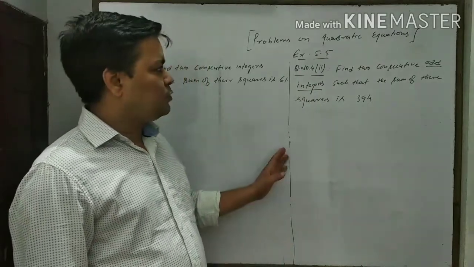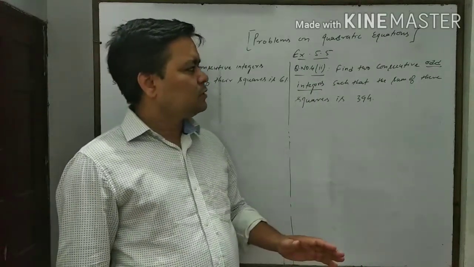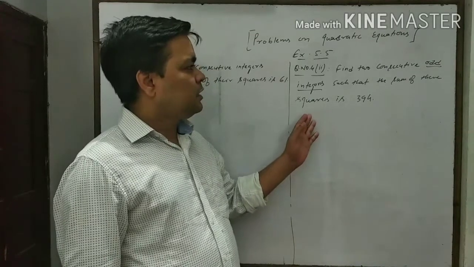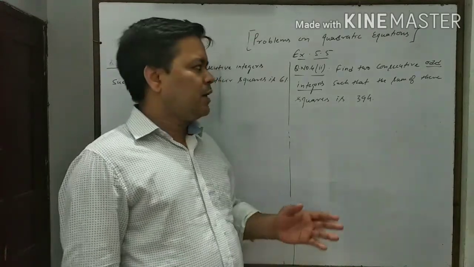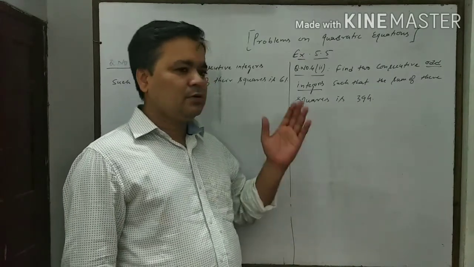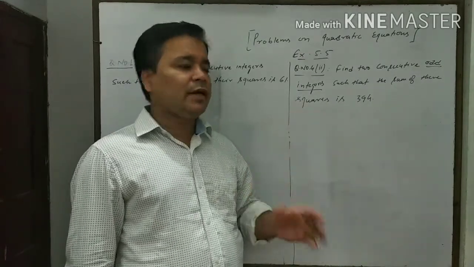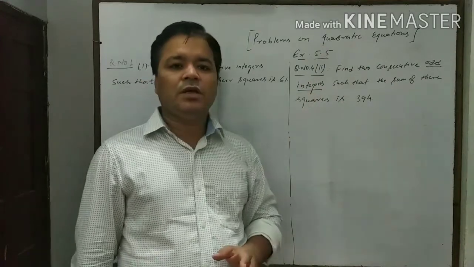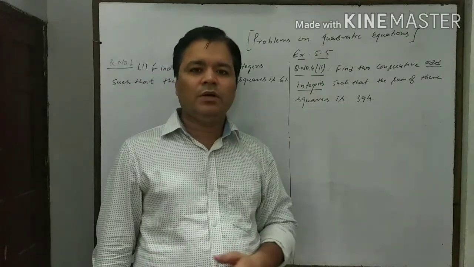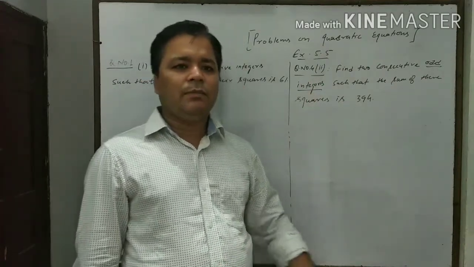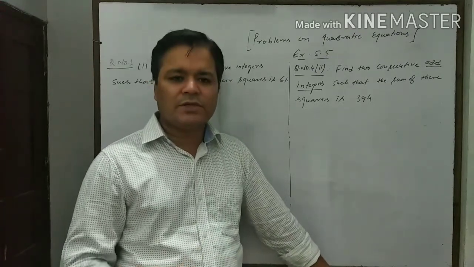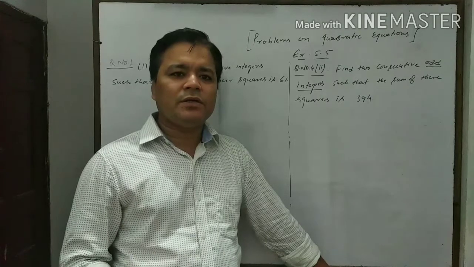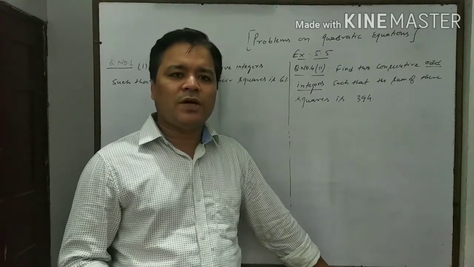In this type of question, the daily life questions are given in words and we first translate that question into a quadratic form, and after that, applying the quadratic formula or factorization method, we try to find the value asked in the question.